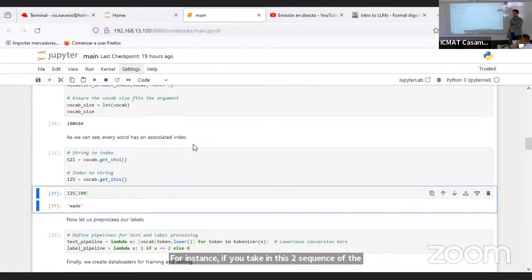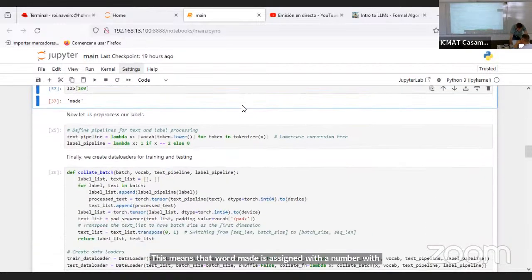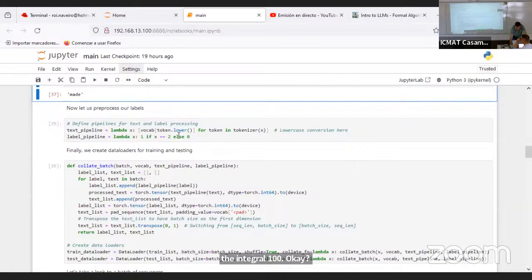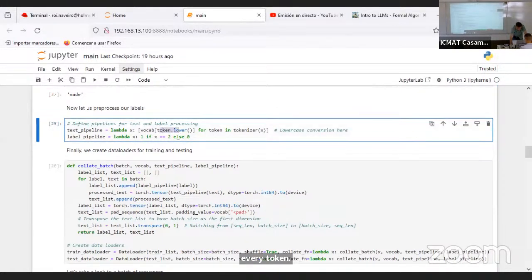This means that the word made is assigned the integer 100, okay? And here I'm doing some preprocessing, which is nothing very crazy, but I am assigning to every token a position in the dictionary. But before assigning that, I'm making the token lowercase, so this is insensitive to lowercase and uppercase letters.